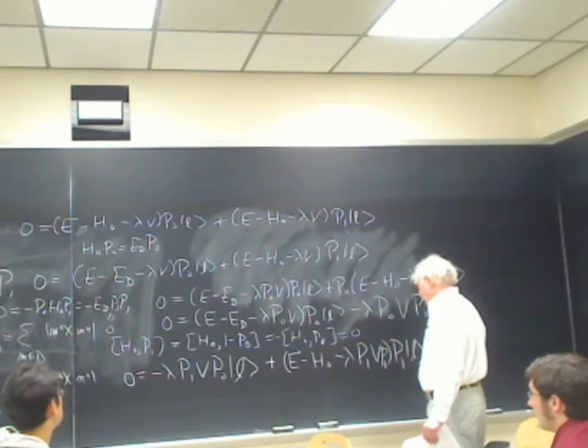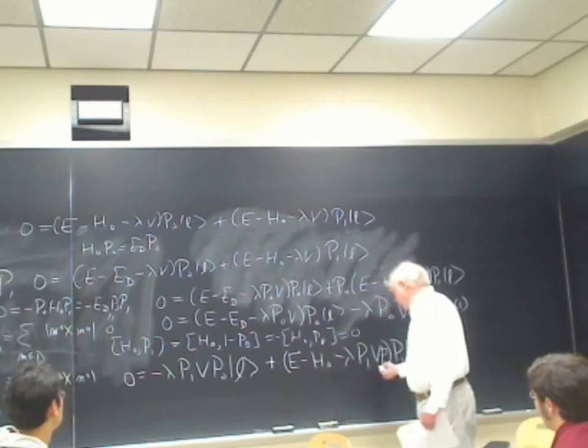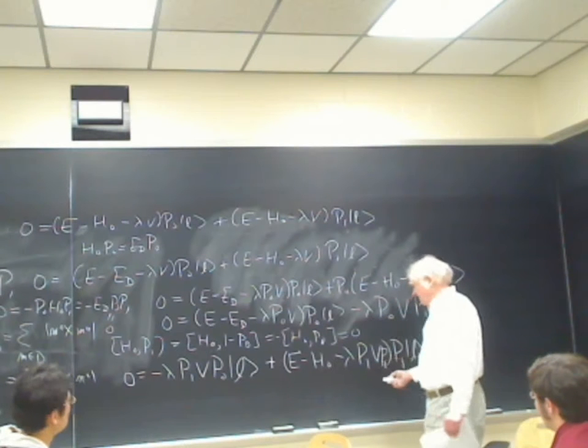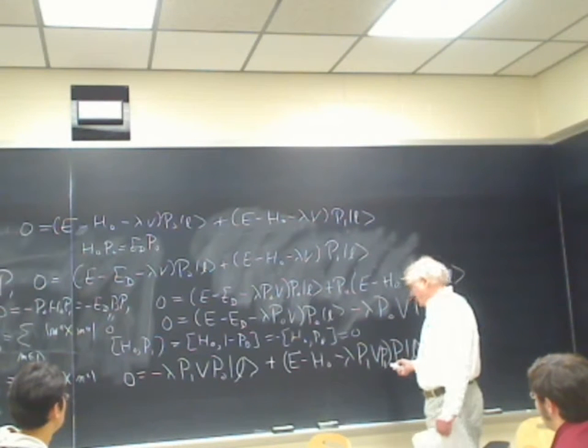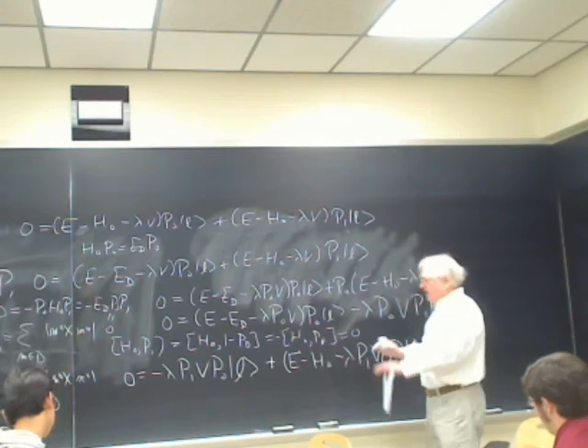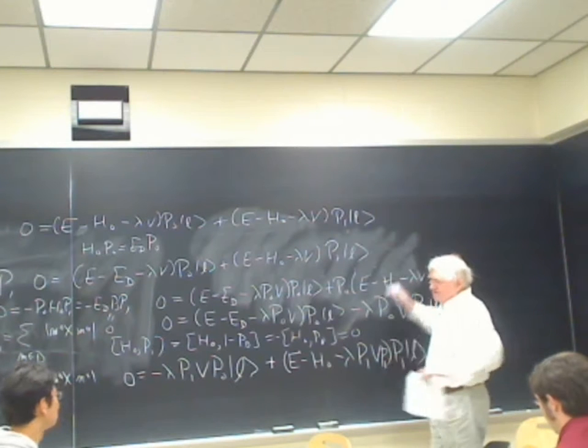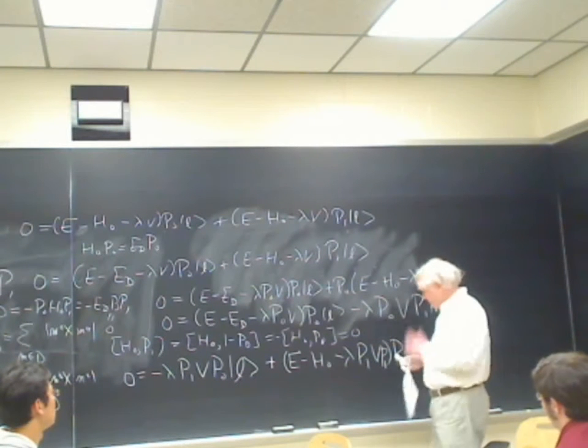Now, what does this tell us? This is the Hamiltonian, but with the P1 on both sides. Because it has the P1 on both sides, it's only the states that are not in the degenerate level.